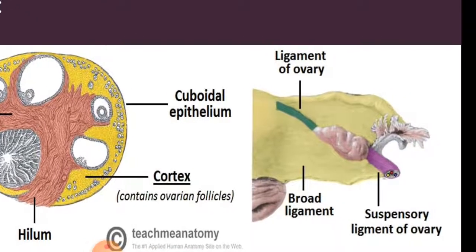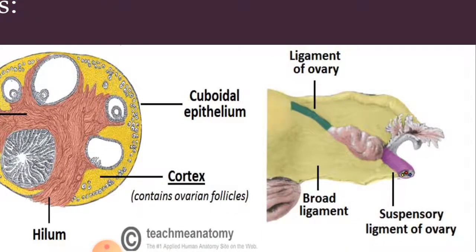Next, we will talk about the ligaments of the ovaries, and there are basically two ligaments that attach to the ovary. The suspensory ligament of the ovary, that is a fold of peritoneum extending from the mesovarium to the pelvic wall, and this contains the neurovascular structure.